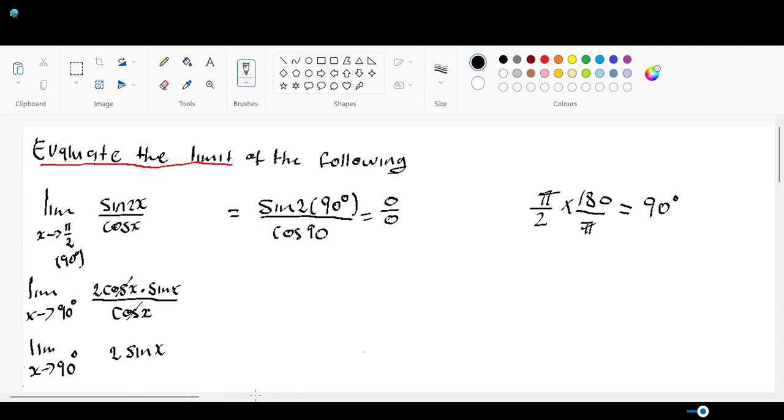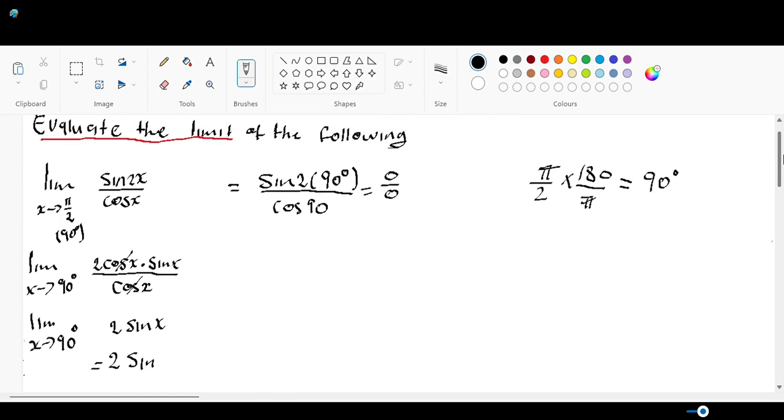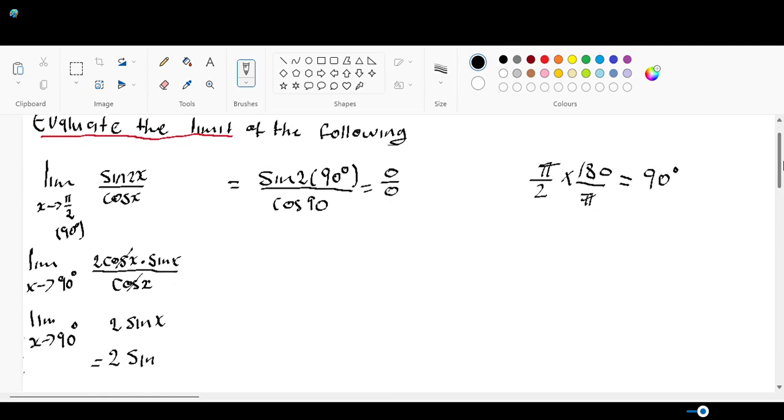Then that's where you're going to start doing the direct substitution. If we do direct substitution here, let's see what you're going to get. We say 2 and then sine, remember x is 90, don't forget that we converted this pi over 2 into degrees, and it gave us 90.